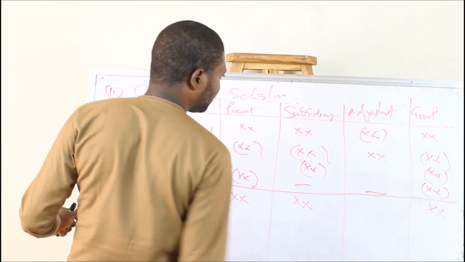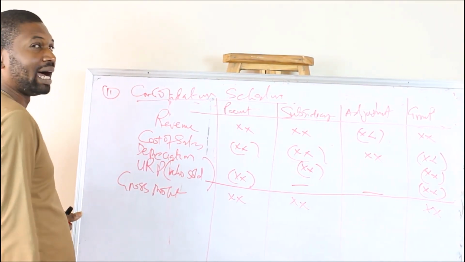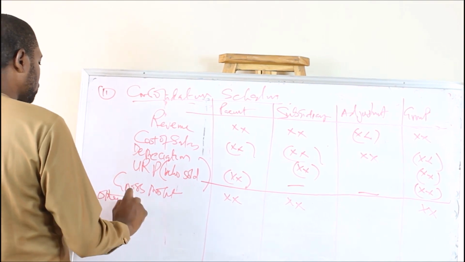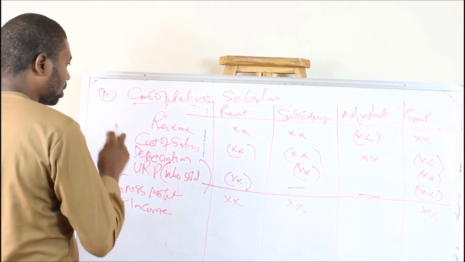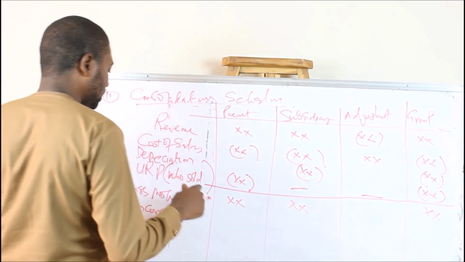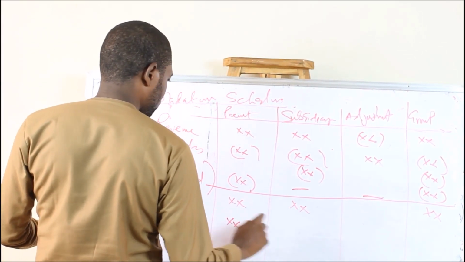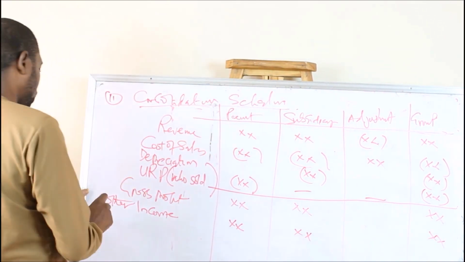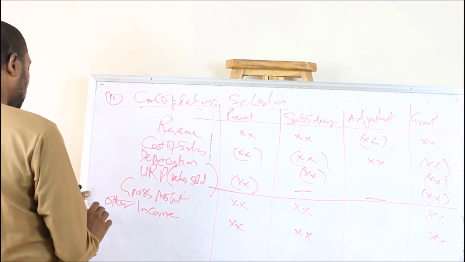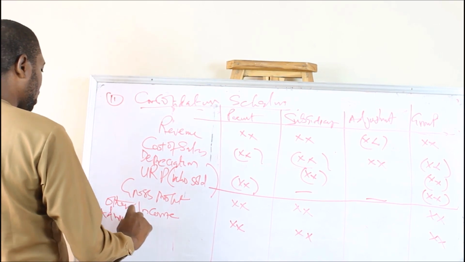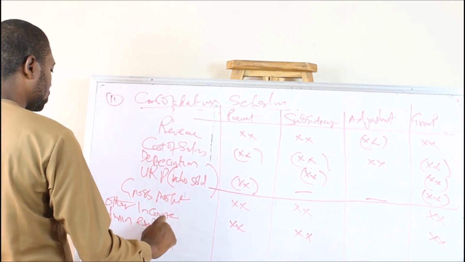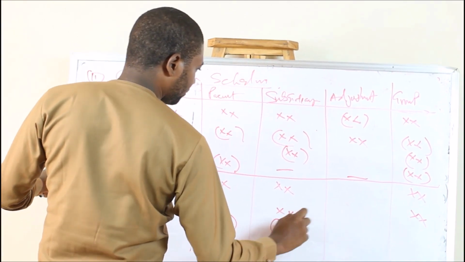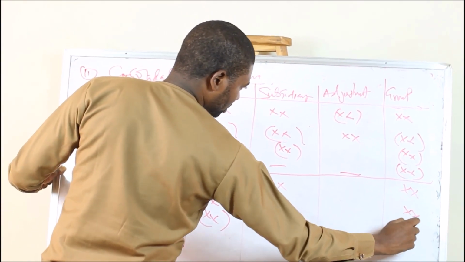From that, we move to other income, in case you have it. Then you have admin expenses, parent and subsidiary.